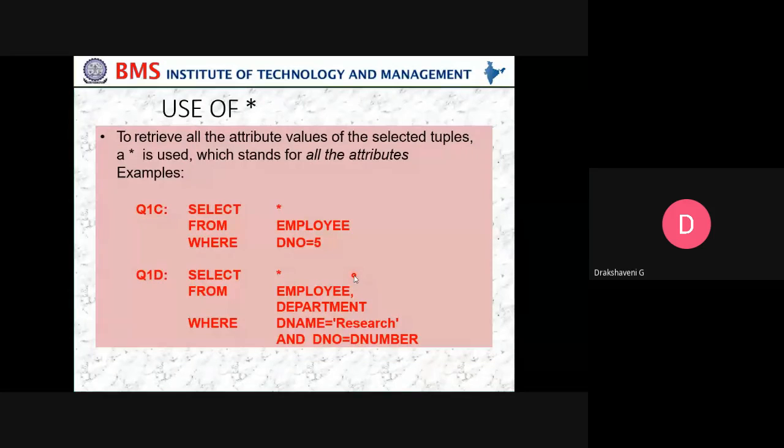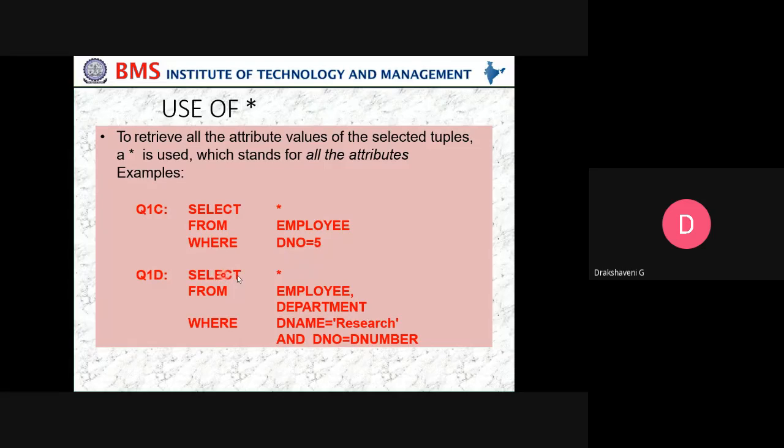Now we are using the star operator. So why do we use a star? Select star from employee where D number equals 5. A star is used to represent that I want all values in the table. From which table? From the employee table. And which rows do we want? Those rows where the D number is 5.